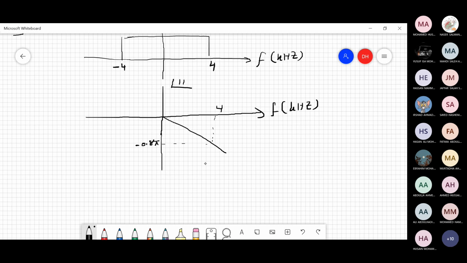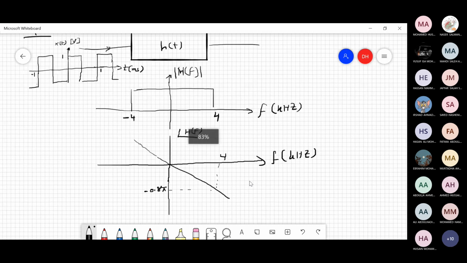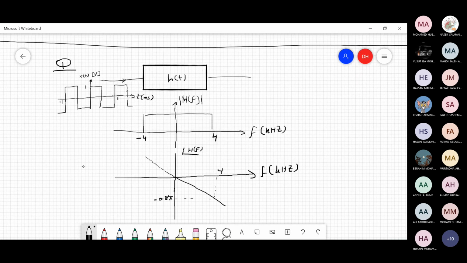This is my angle of h of f. What we want is to find the output. Find y of t. Okay, how to solve this one?